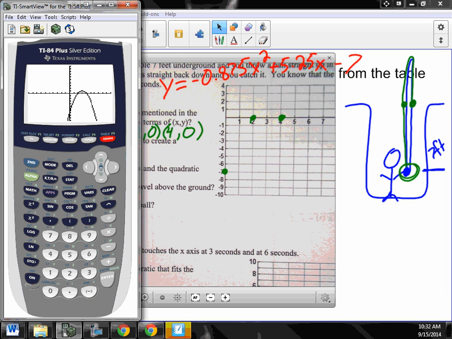If you don't get that, raise your hand and we'll come help you. So you want to push zoom standard, and that will fix it. Uh-oh, something's wrong. This is supposed to be negative. Now try it. There you go.